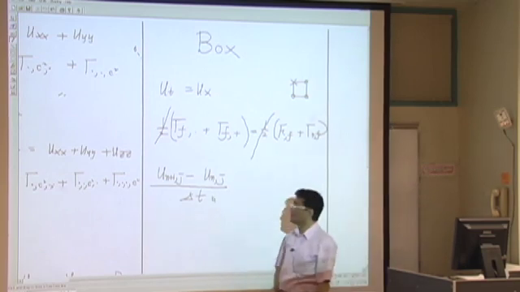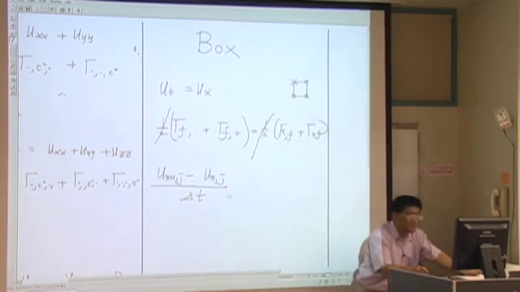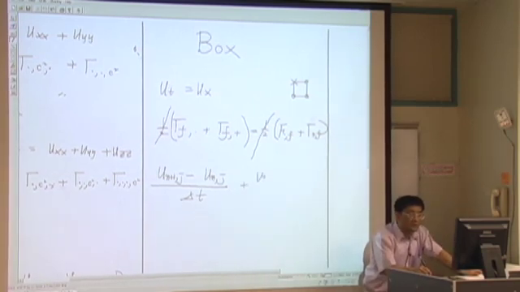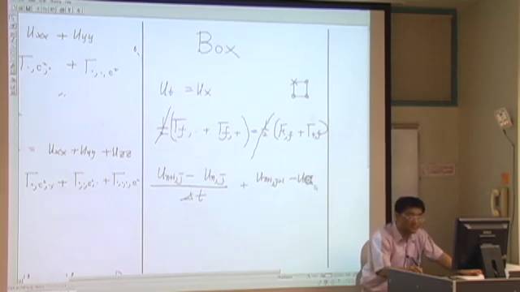This is the first term. And the second term is u_{j+1}^{n+1} minus u_{j+1}^n over delta. Why does this happen?